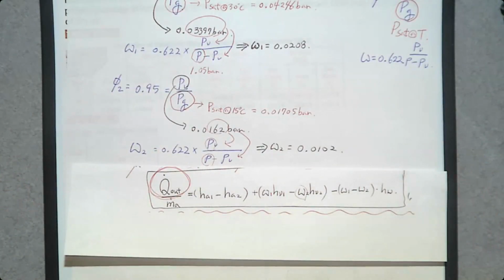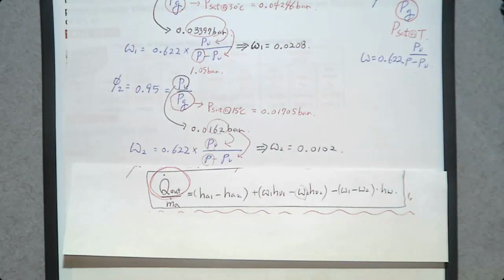So now we know omega 1, omega 2. The only thing that we need to find is the specific enthalpy values of air, of water vapor, of liquid water. So let's do it. How do we determine the specific enthalpy change of dry air? If you have dry air, you can use specific heat, right? Or if you want, you can use ideal gas properties of air in Table A-22.